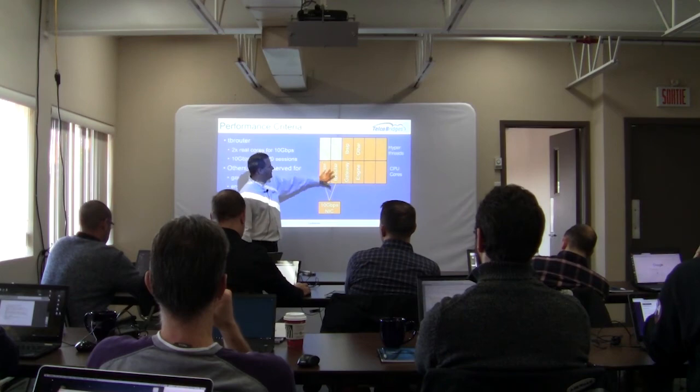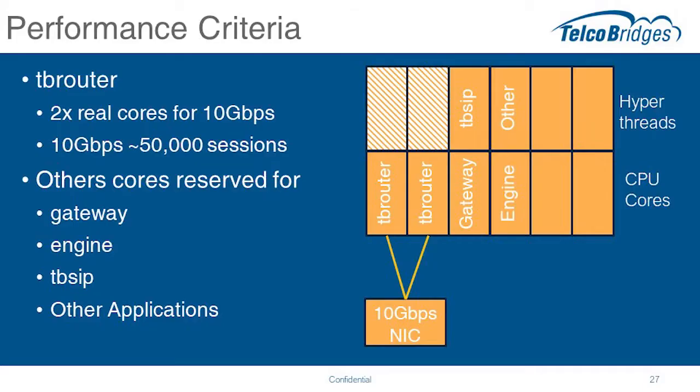But let's say you have something like this, then 4 plus 4, you're pretty good. Maybe 2 more cores to be sure, so that these other applications can run on multiple cores.